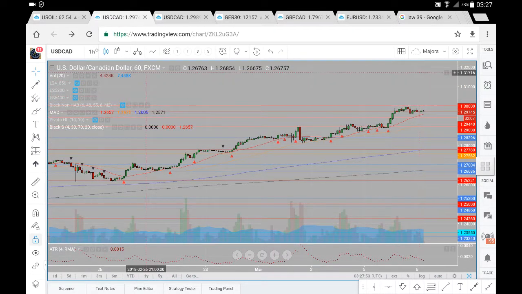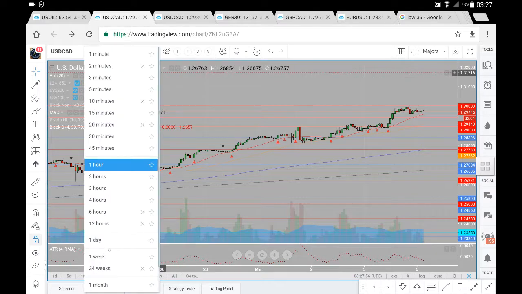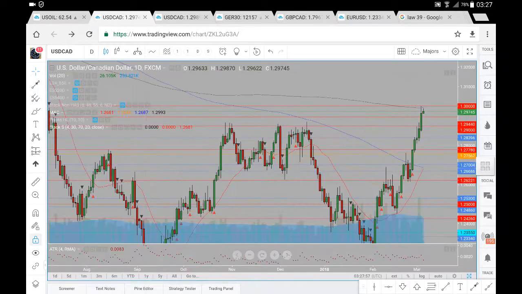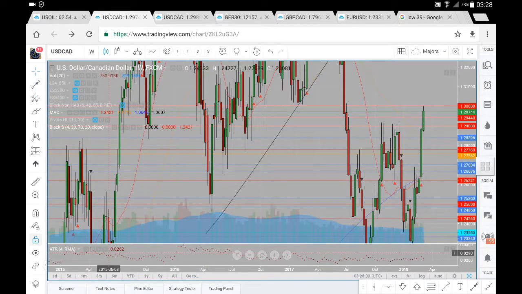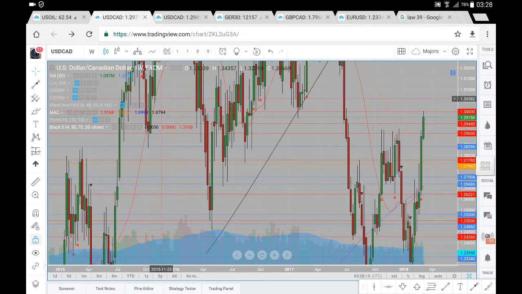And if we just have a look on the chart here, and scale over, so beyond this 130, I suppose it's difficult to see where the levels are here on the US dollar against the Canadian dollar. So just bear with me a second here.